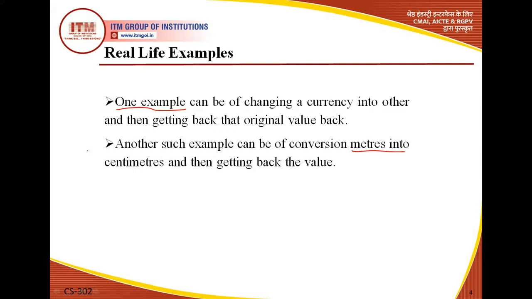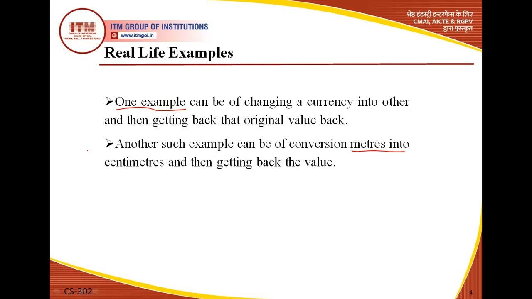Okay, so there are certain real life examples where some of the information is given in meters, but some of the information is given in centimeters, or it is easier to do a certain thing in centimeters.